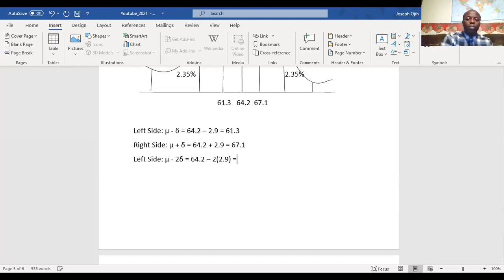So we can look at it in decimals. Let me write it down: 64.2 and 2 times 2.9.